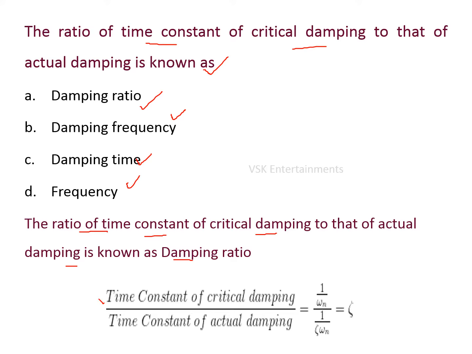Time constant of a critical damping to the time constant of actual damping. Time constant of critical damping is given as 1 by omega n, and time constant of actual damping is given as 1 by zeta omega n. From that we are going to get zeta. Here zeta is nothing but damping ratio. That is the ratio of time constant of a critical damping to the time constant of a actual damping is known as the damping ratio or damping factor. So option A is the right answer.